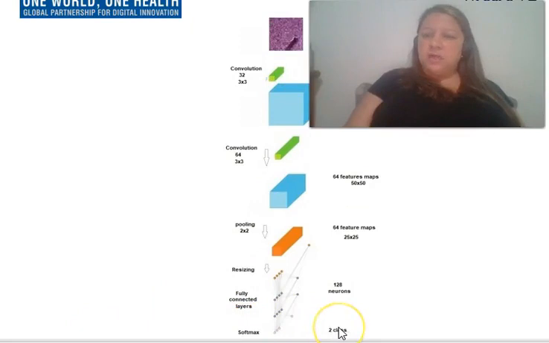The output is a vector of 2 values, which represent the probability, each a number between 0 and 1, of the class IDC negative and IDC positive.